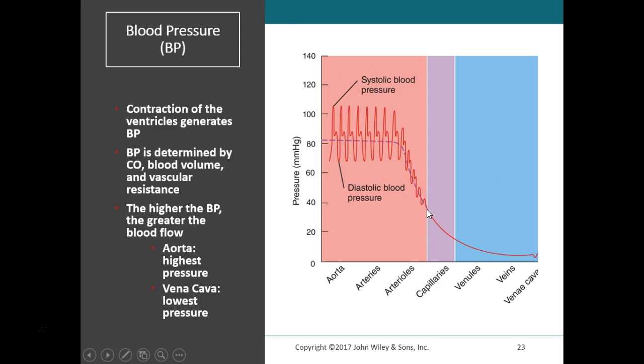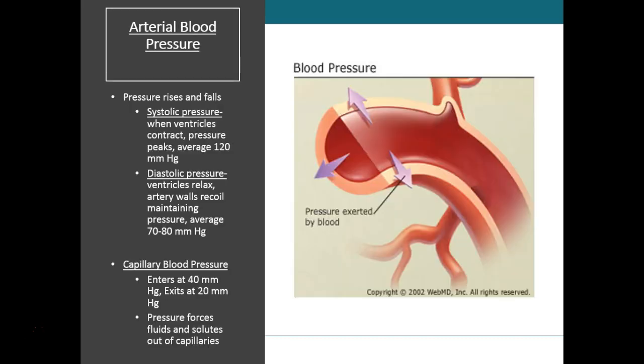At the capillaries, the blood pressure is about 40 millimeters of mercury when it enters a capillary bed, and then that pressure falls dramatically to about 20 or less millimeters of mercury at the venule end of the capillaries. And then, of course, the pressure drops all the way back down. I'm sorry, this image actually cut off, but the pressure drops all the way down to 0 at the vena cava. So the aorta has the highest pressure, and as the blood goes farther and farther away from the heart, the pressure drops.